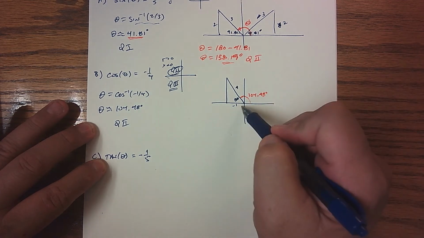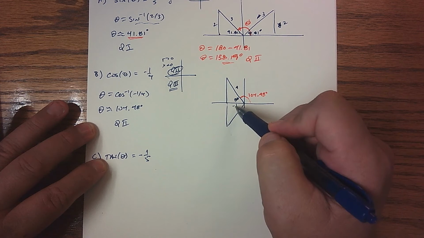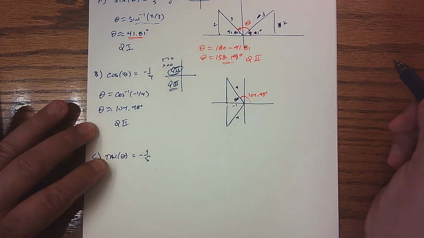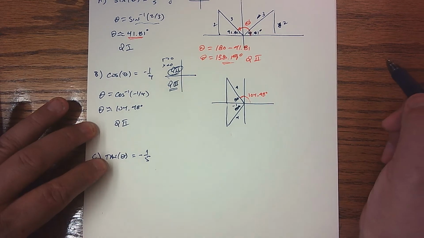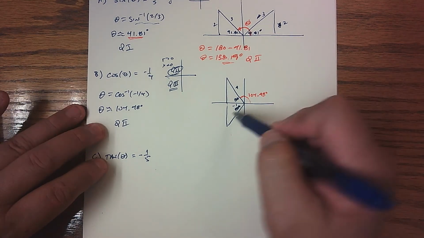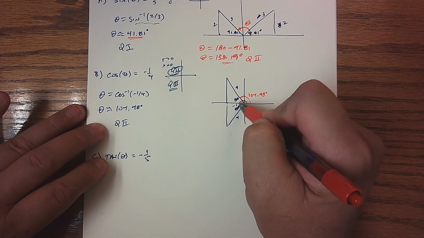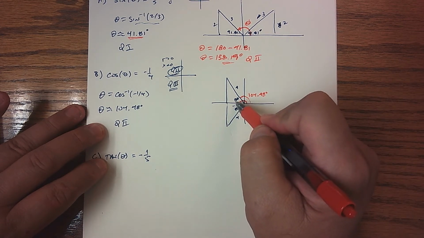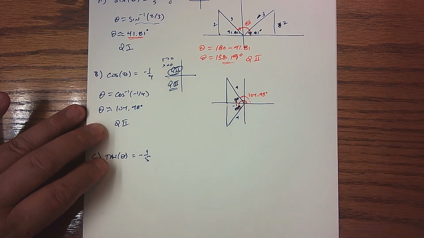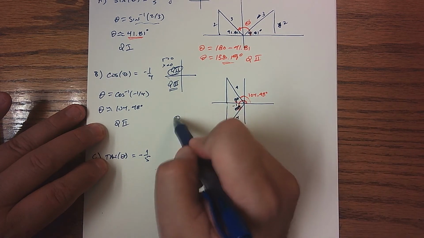But we also know in quad 3 that also has pretty much the same ratio where x is -1 and r is equal to 4, and that reference angle is basically going to be the same. So in order to find that angle right there, we basically need to find the reference angle. And then once I find that reference angle, I can go 180 plus that reference angle and find the other one. So let's find the reference angle first.